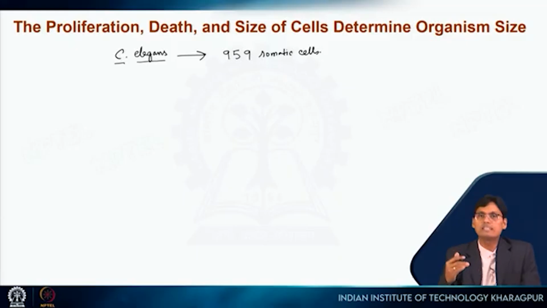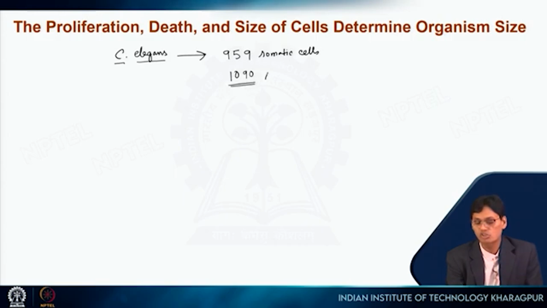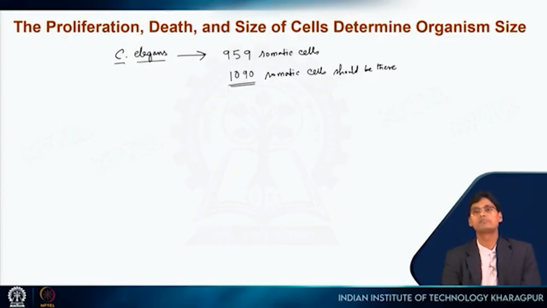But based on the number of cell divisions, the actual number of somatic cells should be 1090 somatic cells there.